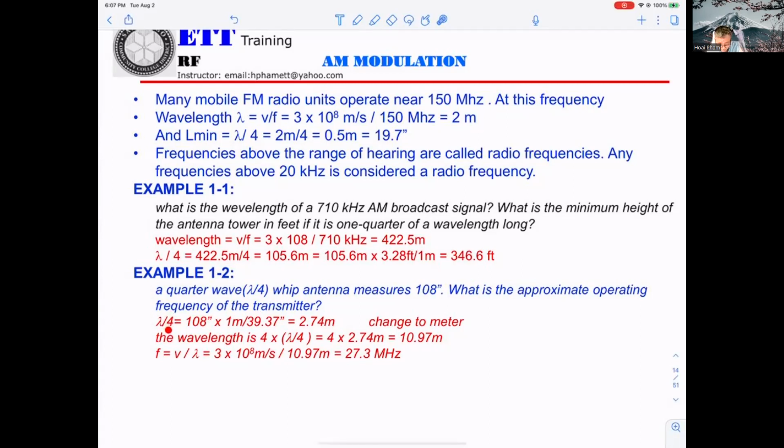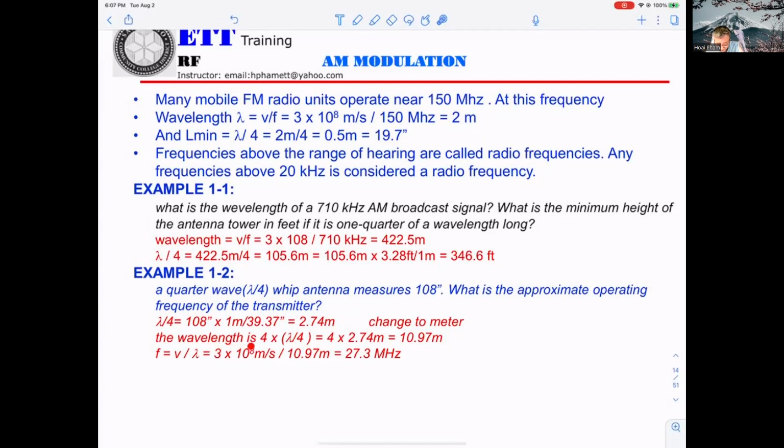Lambda divided by 4, that's a quarter. 108 inches times 1 meter divided by 39.378, you get 2.74 meters.